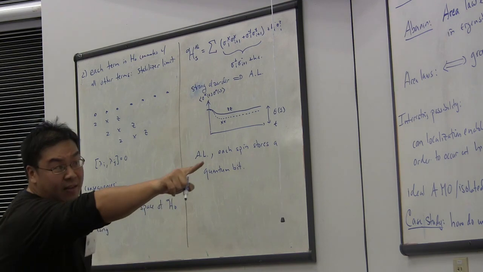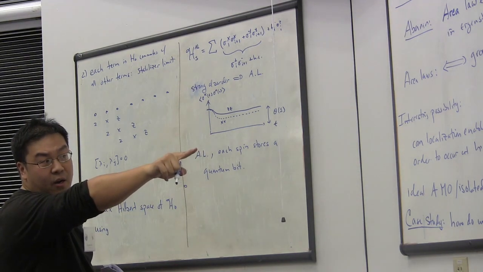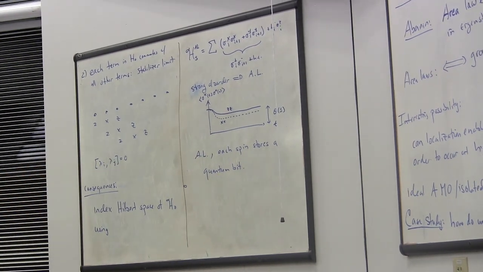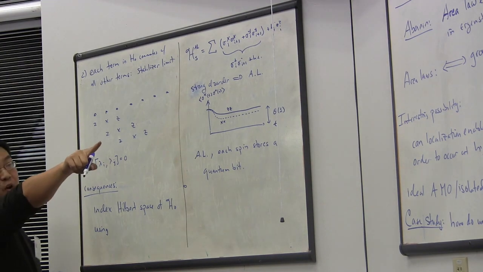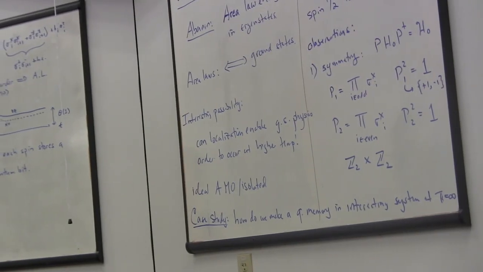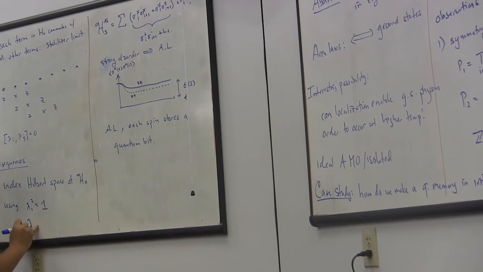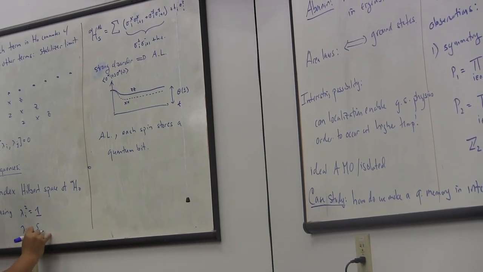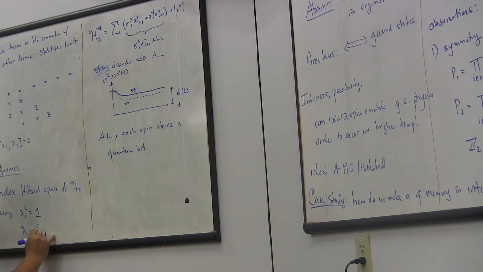Just as I said that all the P operators were products of Pauli operators which always square to the identity, lambda is a product of Pauli operators, 3 of them in particular, which means that lambda also squares to the identity. So lambda I squares to 1, which means that lambda I can either be plus or minus 1, and I can index almost my full Hilbert space by simply picking whether the lambda i's are equal to +1 or -1.